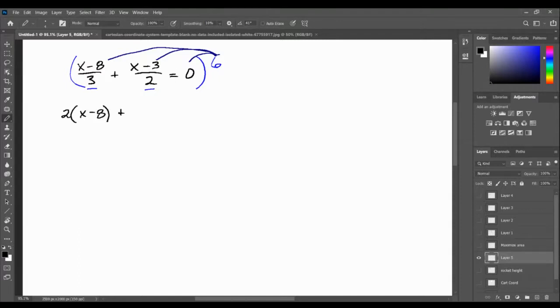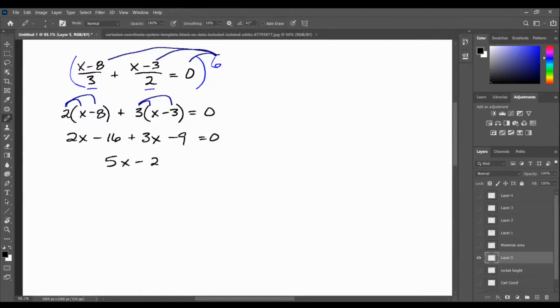And 6 divided by 2 is 3, so here in the middle one I've got 3 times its numerator, and 0 times 6 is 0. Once again, do a little distribution. 2 times x is 2x. 2 times negative 8 is negative 16. 3 times x is 3x. 3 times negative 3 is negative 9. Combine like terms gives me 5x minus 25 is 0.